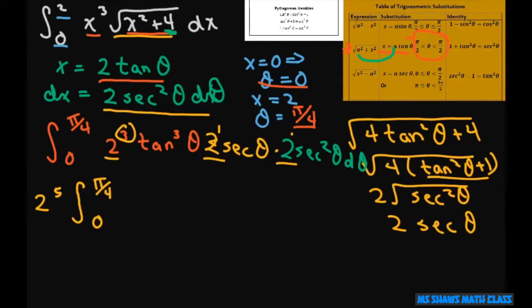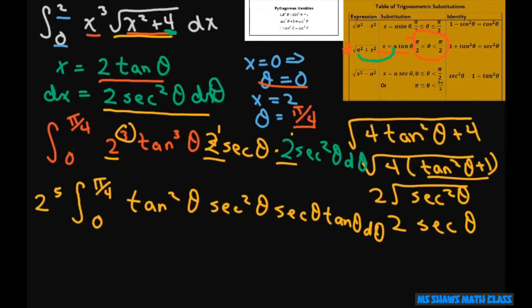I'm going to pull out another tan, so I'm going to write this as tan squared theta. Then we have our secant squared theta. And then we have another secant theta tan theta d theta.